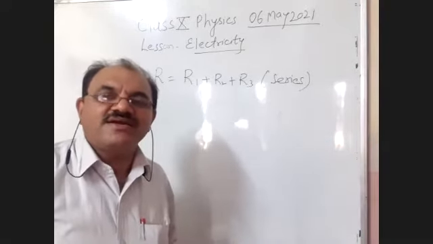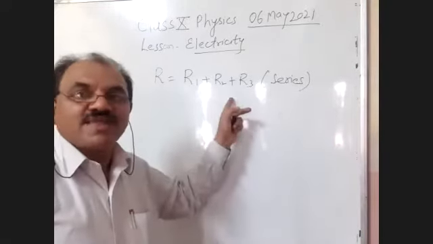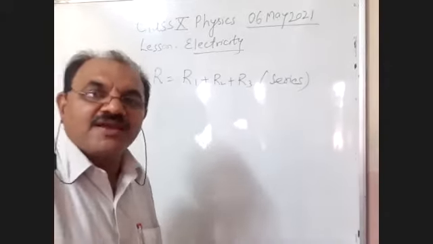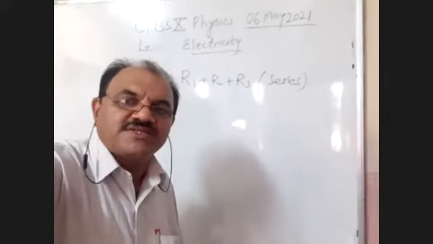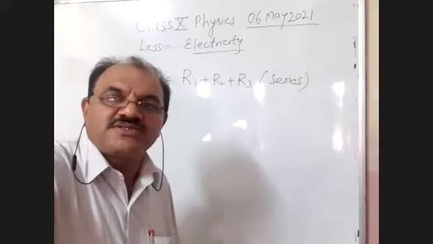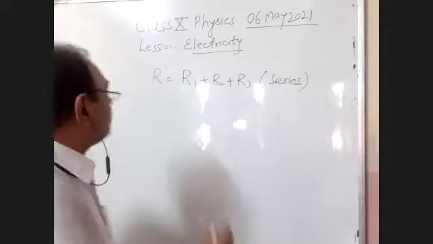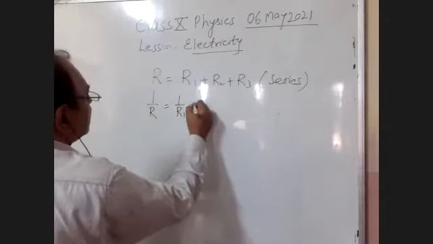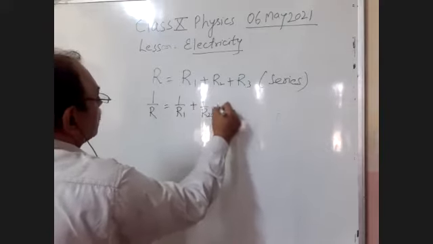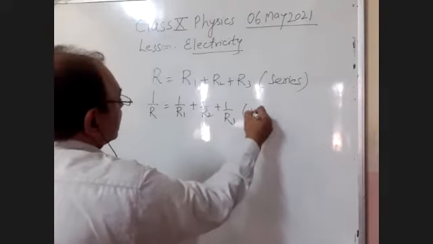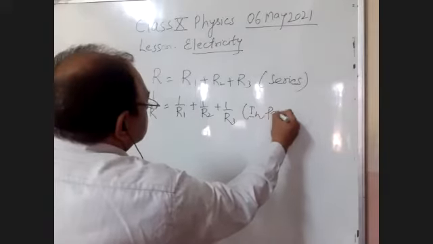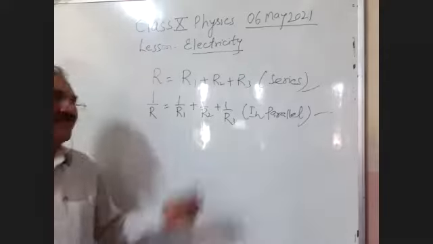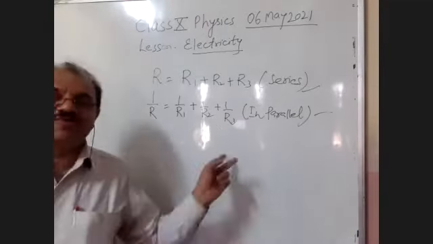When the resistances are connected in parallel, what will be the total resistance? 1 by R is equal to 1 by R1 plus 1 by R2 plus 1 by R3. So this is the formula for series and this is the formula for parallel.